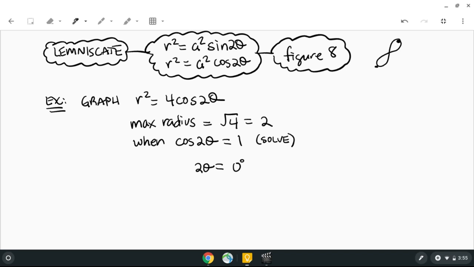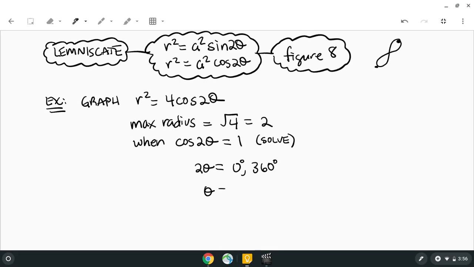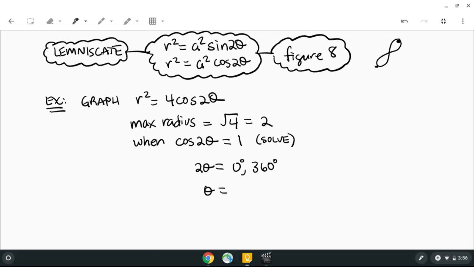Since we're solving for 2 theta, let's do another circle, so 0 degrees and 360 degrees. If that were 3 theta, we would do one more circle of answers. Now let's divide everything by 2. So we get 0 here and 180.